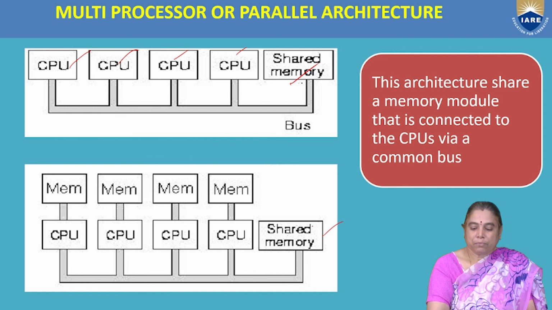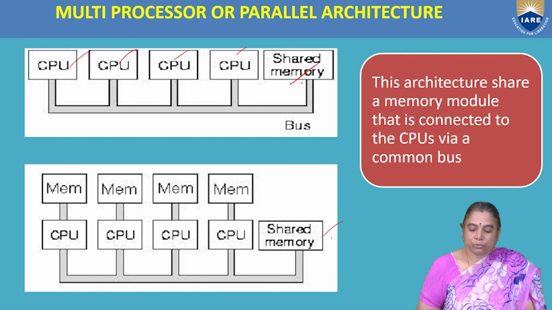That data can be stored in the shared memory, and each CPU's individual processing data is accessed from its individual memory. Like this, more than one processor is connected for the simultaneous execution of the program in order to improve the throughput of the computer.